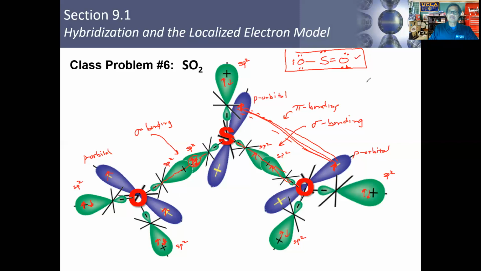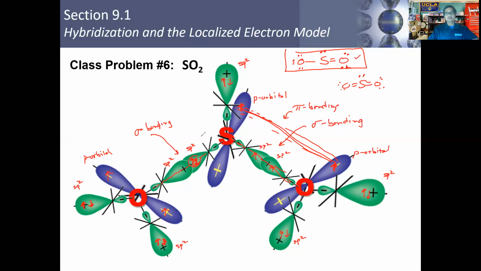So how does this structure, which is the more valid structure for sulfur dioxide, come about? Well, we talked about resonance. Remember we talked about resonance, okay? And so you can imagine then what happens is that you have a sigma bond forming here. So then you can have a second bond here. One of these two falls in and forms the pi bonding interaction here.